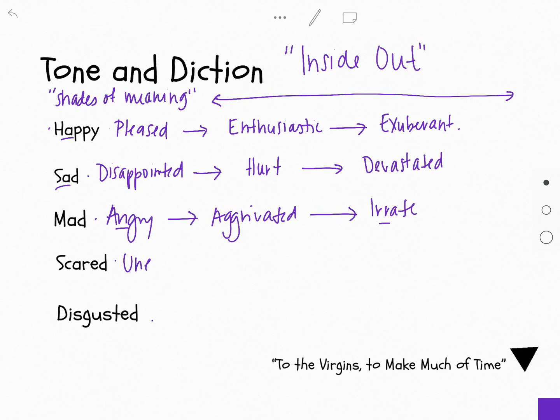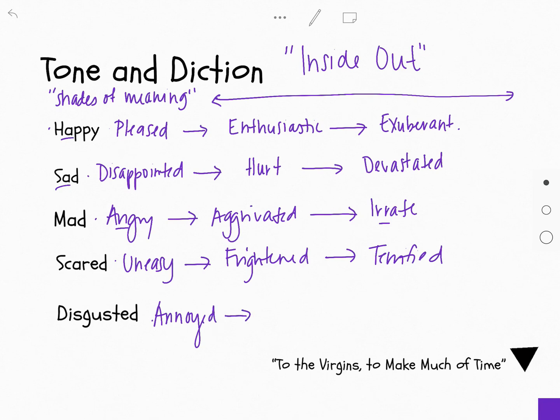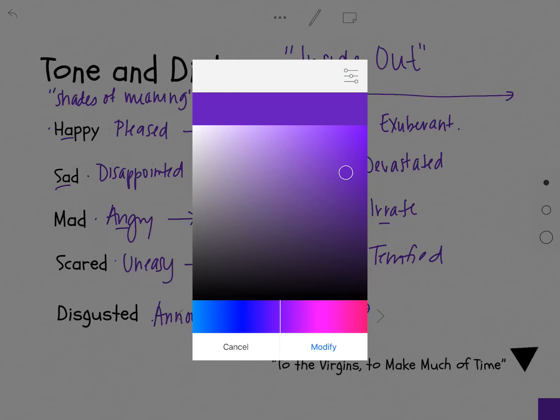With scared, you can start out uneasy. To be a little bit more afraid, you'd be frightened. All the way to terrified. And finally, disgust, you can be annoyed, to irritated, all the way to repulsed.